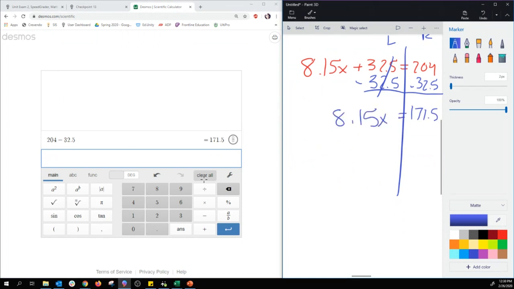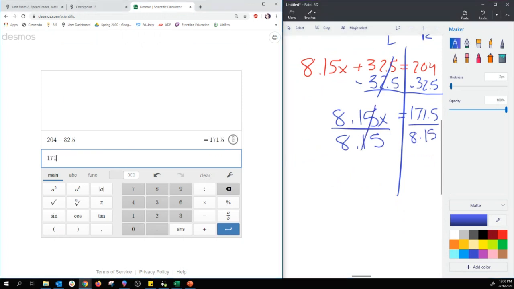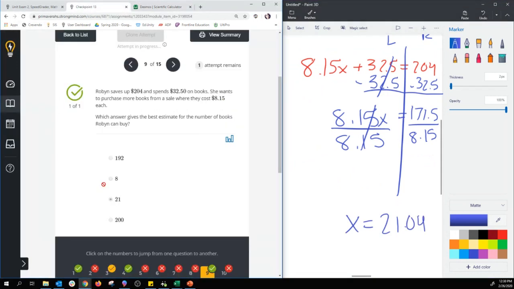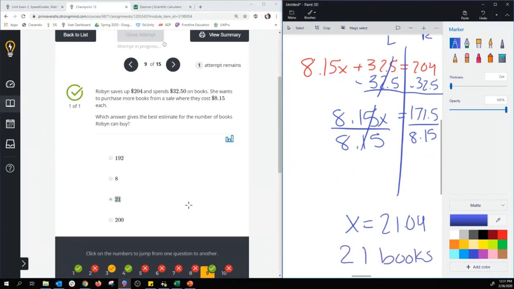To undo this multiplication, I can do division. This will go away, and I have 171.5 divided by 8.15, which gives me x is equal to 21.04. So she can buy around 21 books.